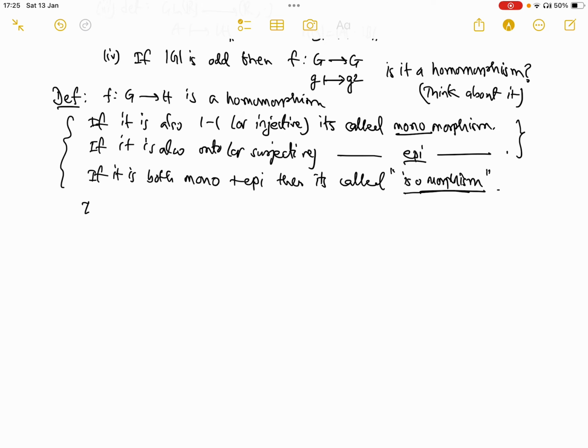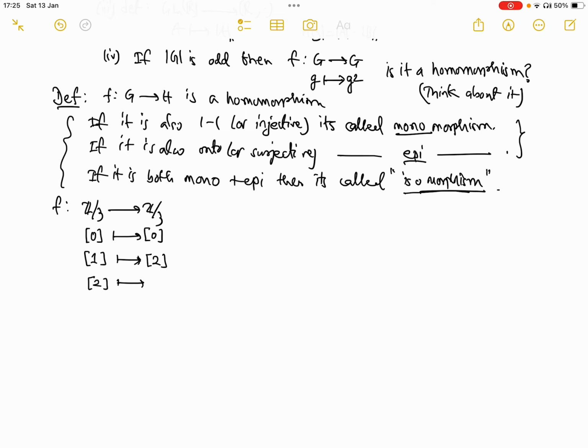So for example, you can take Z mod 3 to Z mod 3 and you have a map where the zero element has to go to the zero element. The one element, you can send it anywhere because there's no restriction on one. So I am sending it to two. Otherwise, if you send one to one, it will automatically force you to send two to two, right?